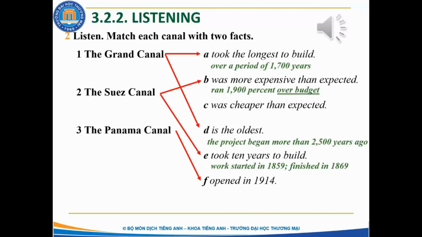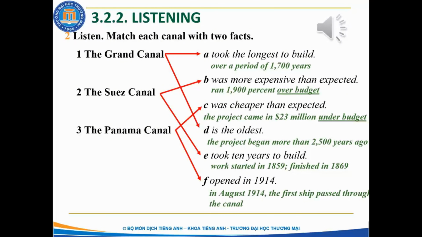Okay, so in the recording it was said that in August 1914, the first ship passed through the canal. Vậy cái tàu đầu tiên mà đi qua kênh đào Panama là vào tháng 8 năm 1914. Right. Và thông tin thứ hai là về chi phí, đúng không ạ?